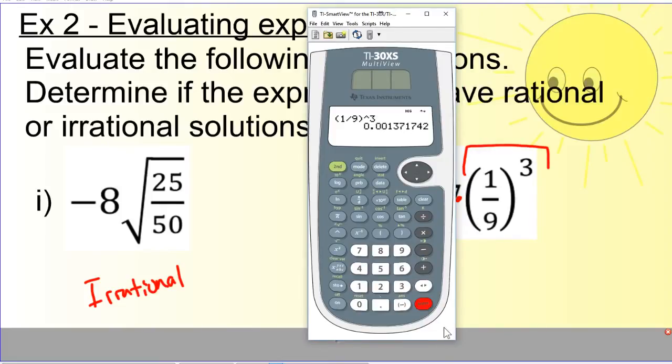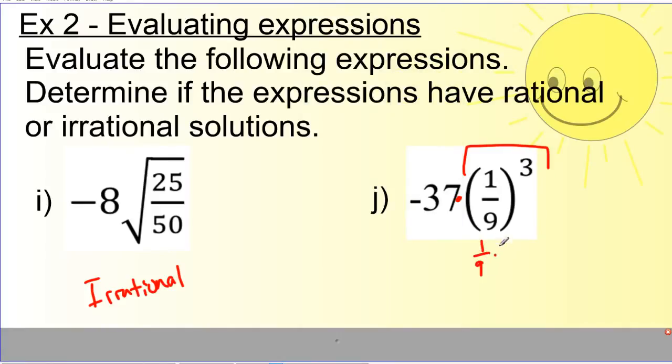Now looking at that, that looks really ugly. It doesn't look like it stops. I don't see a repeating pattern. So you might say it's irrational, but it's not. This is actually rational. What this 1/9 to the third power is doing is taking 1/9 times 1/9 times 1/9, which, if you actually multiply this out, is the number 1 over 729.